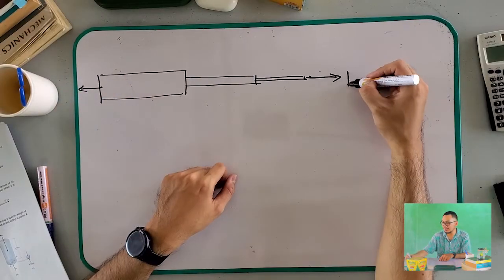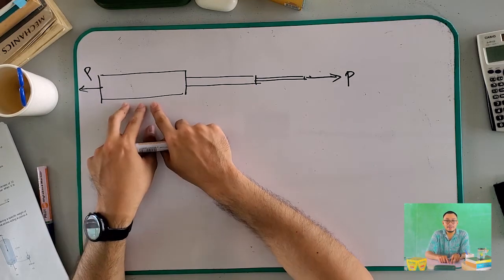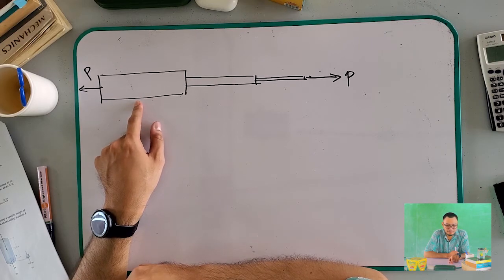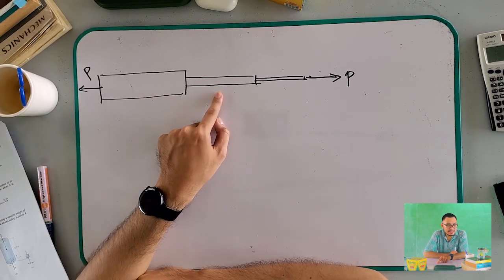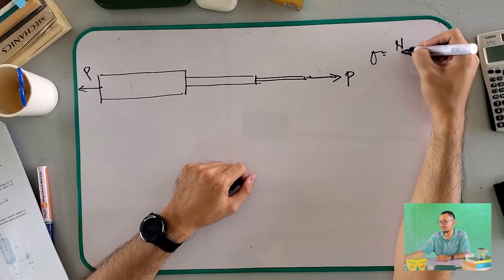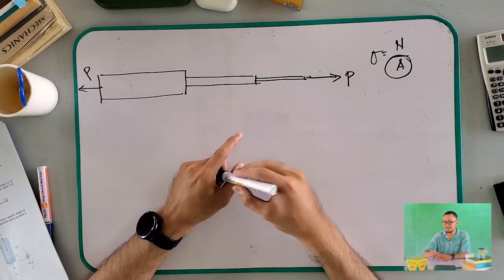We know that our force here is equal, and we know that the stress here is small. The stress gets bigger here, and at a very small area its stress is bigger, with the equation again N over A. Since A is the denominator, the bigger the cross-sectional area, the smaller the stress.